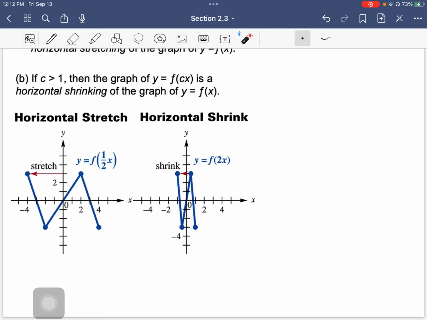With vertical stretching, we were looking at it as stretching about the x-axis, pulling everything away or pushing towards the x-axis. With horizontal stretching or shrinking, we're going to think about pulling or pushing towards the y-axis. For a stretch, everything's going to be pulled in this direction or this direction, and for a shrink, everything will be pulled this way and this way.